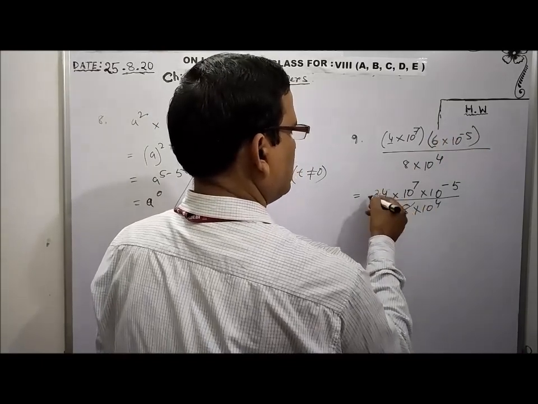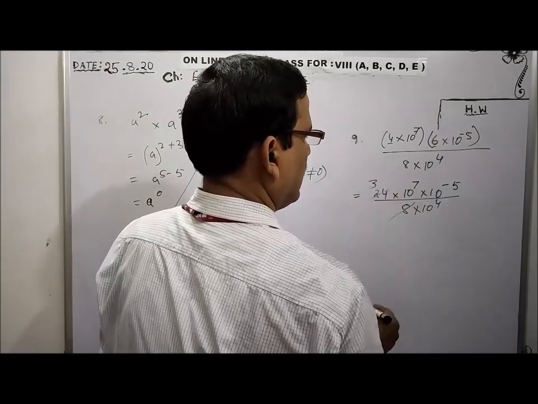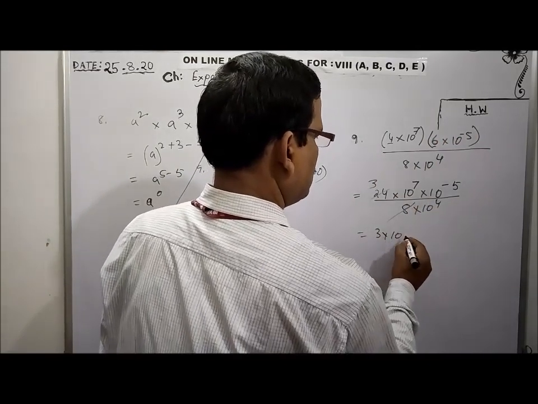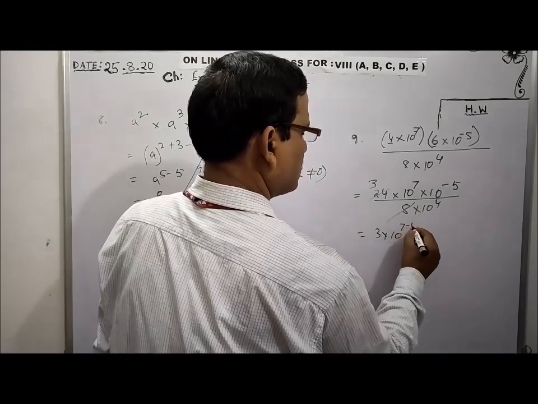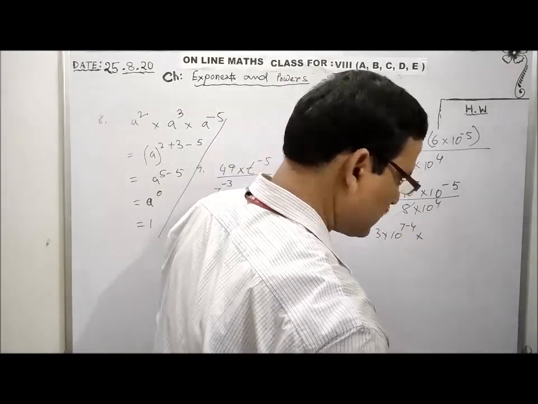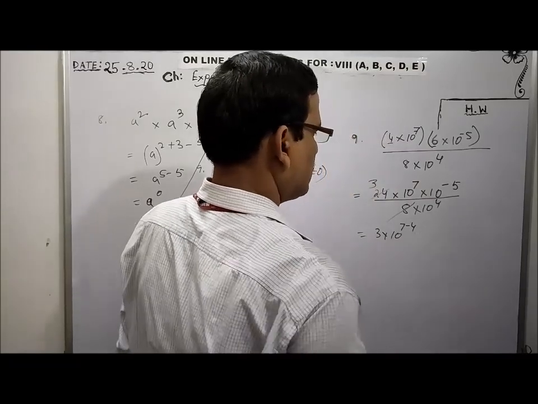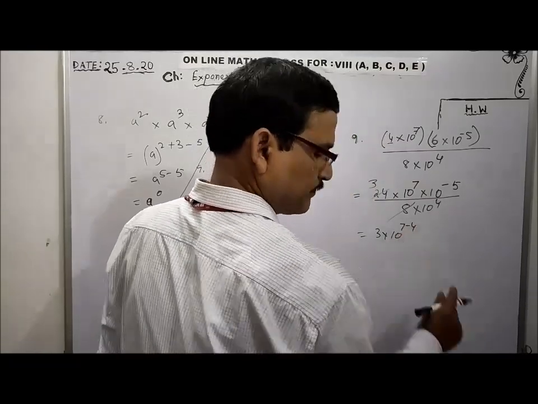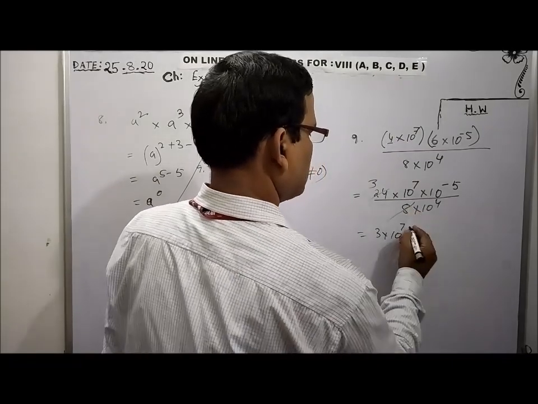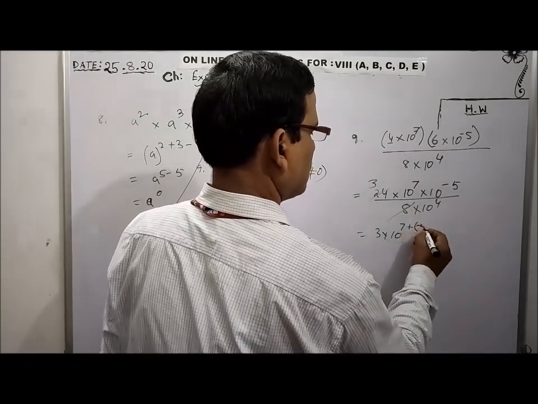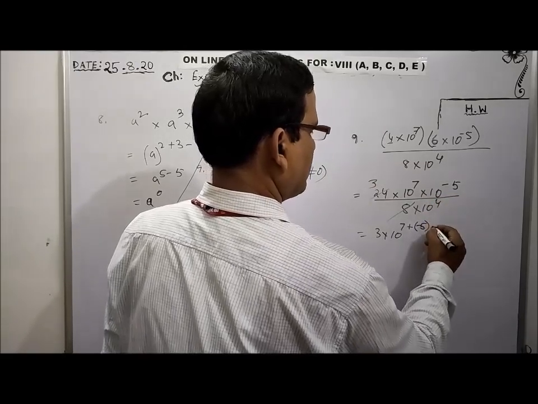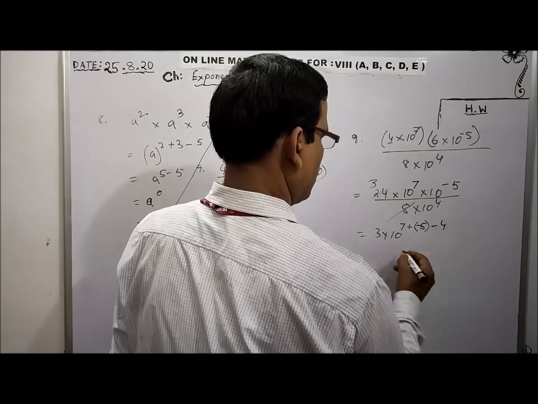If I cut it, I am getting 3, and 10 power is there. 3 into 10 raised to 7 minus 4 into here the power, these two power will be added, plus this 10 power will be added, and this 10 power will be subtracted, minus 4.